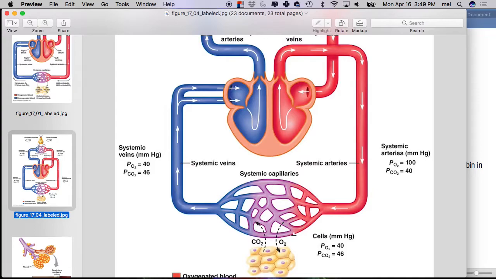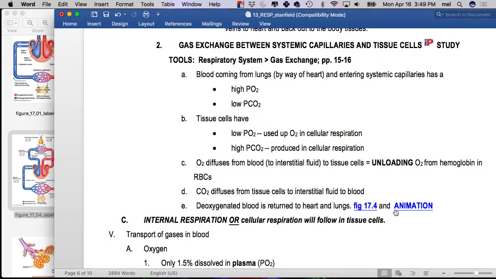Of course, there's a concentration gradient in the atmosphere as well, right? But if I breathed that in once and didn't have to serve my tissues, I wouldn't have to do it again, right? But the tissues are never satisfied. Your metabolism is never satisfied. So all of this gas exchange is going to ultimately serve internal respiration or cellular respiration, right?